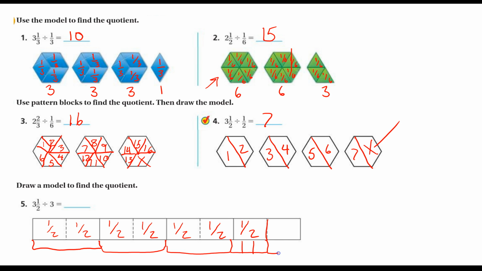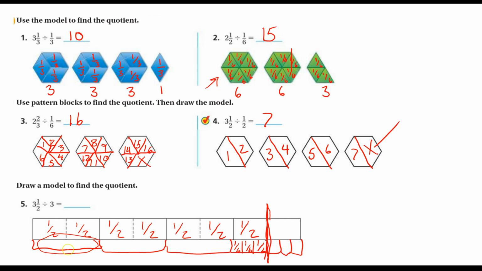Now this is out of a whole though, so this is 6ths, so we have 1/6, 1/6, 1/6. These would be 1/6s too, but we're stopping right here. So we want to divide it into 3 groups. So each group, one group would get 1 whole.